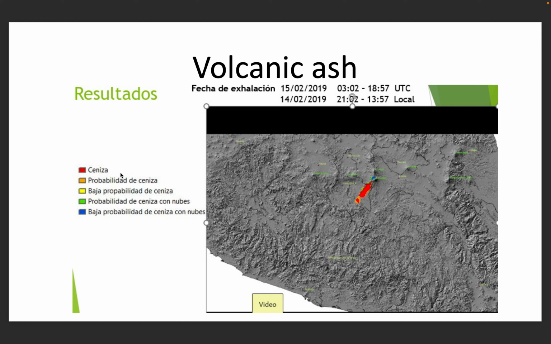This is a code for probability of ash. The red is where we actually have ash. This is an algorithm, I think, based mostly on Pavolonis's papers.